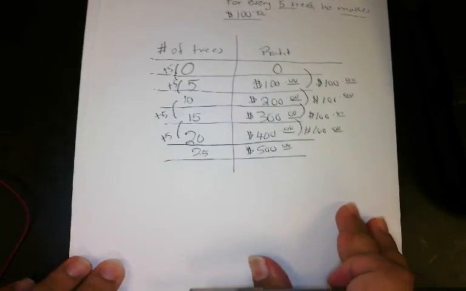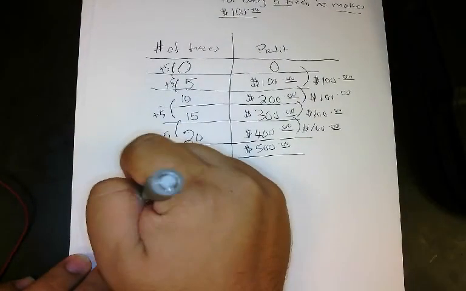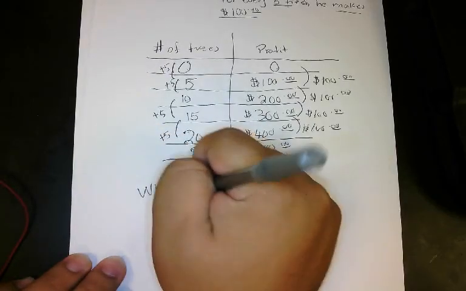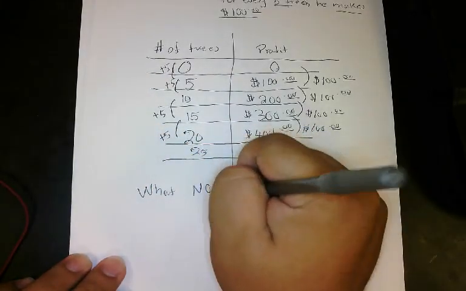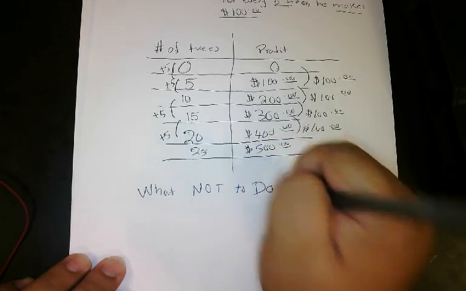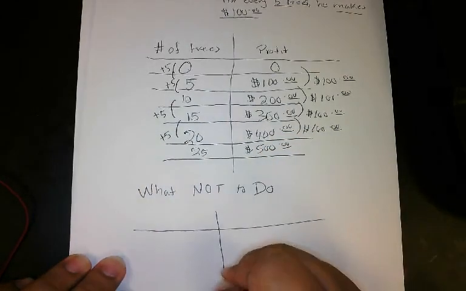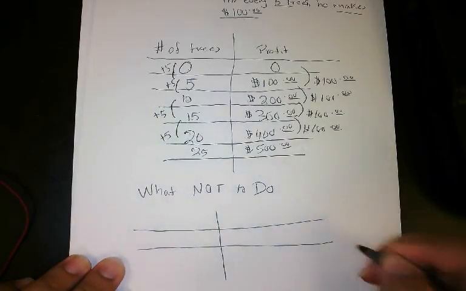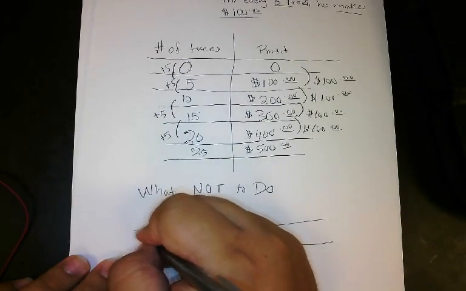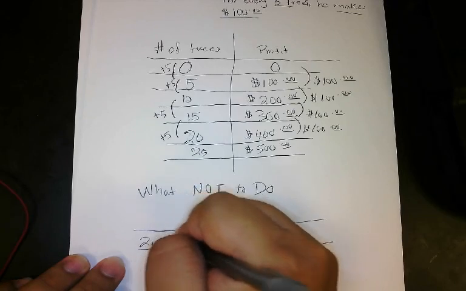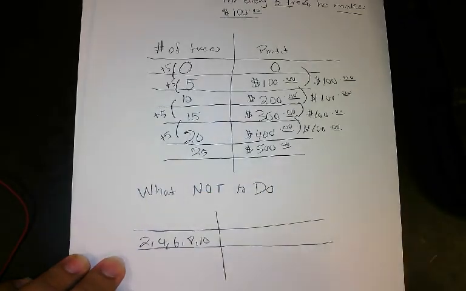Now, here is what I don't want y'all to do. So I'm going to slide this up, and down here I'm going to say, what not to do. Alright? So I don't want you to make a table and then you have like, I don't know, 2, 4, 6, 8, 10. Okay?